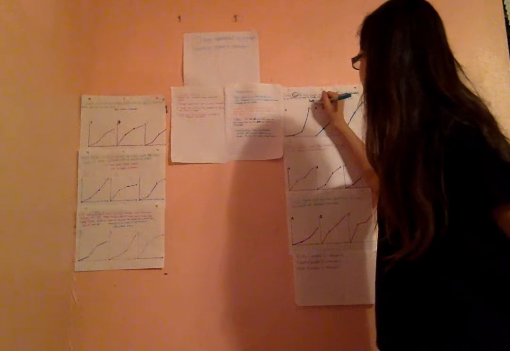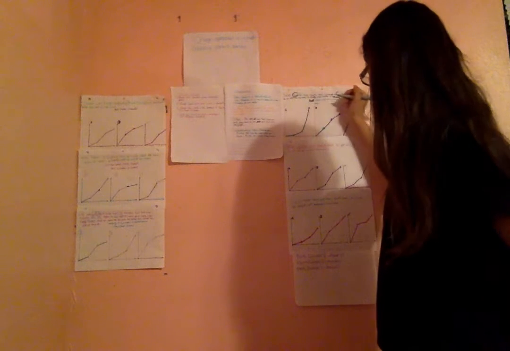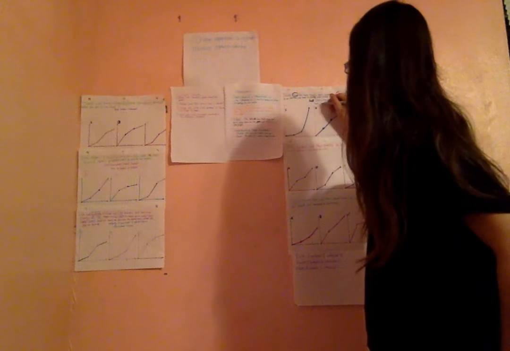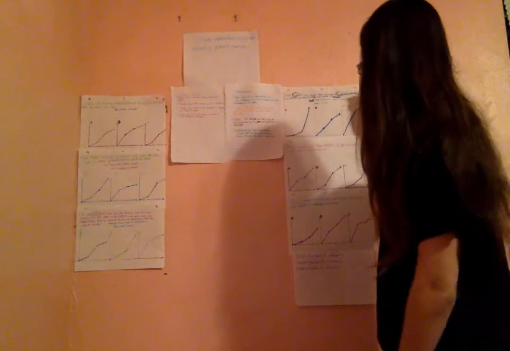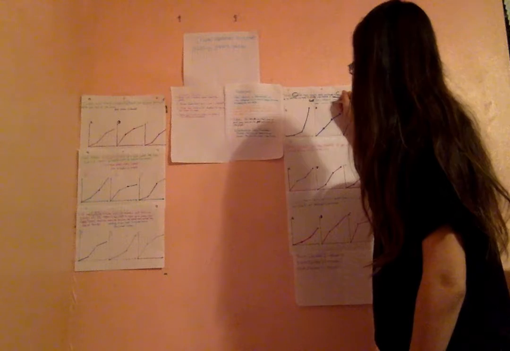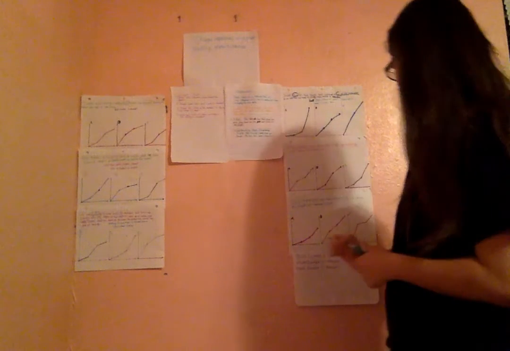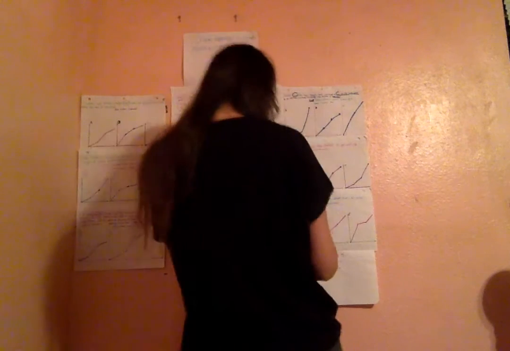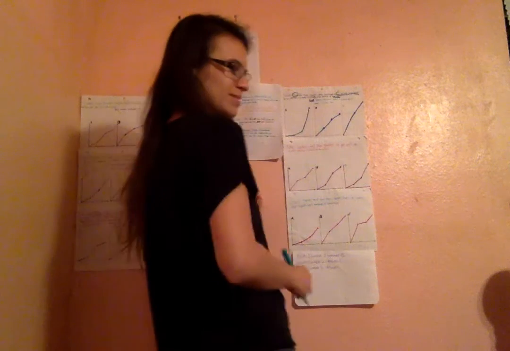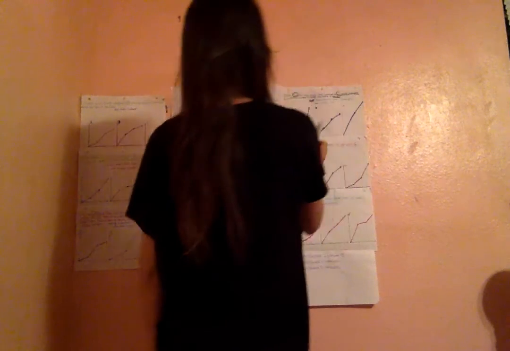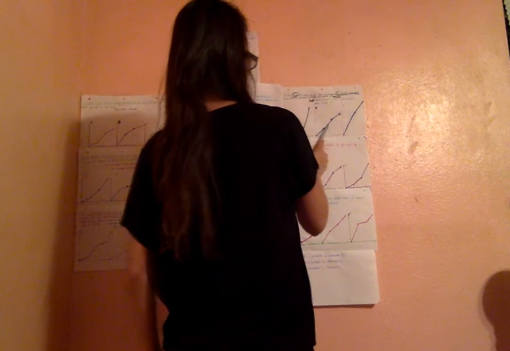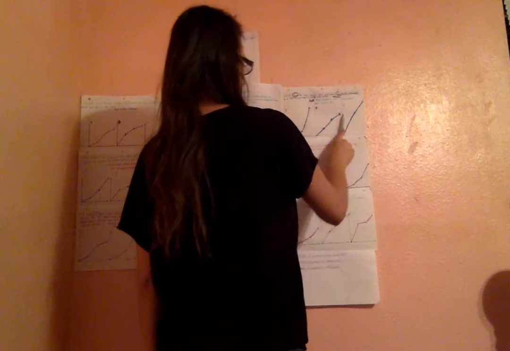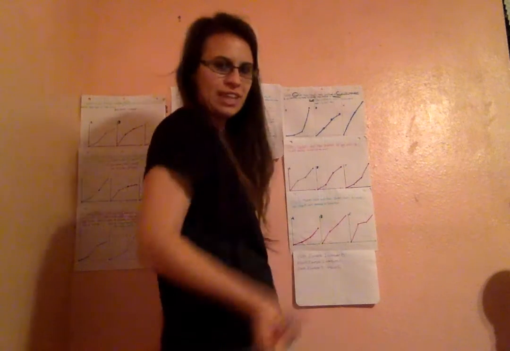So we have fast, faster, and slow. So our problem is going to be B. It goes fast, faster, and then gets a little bit slow at the end. He slows down.